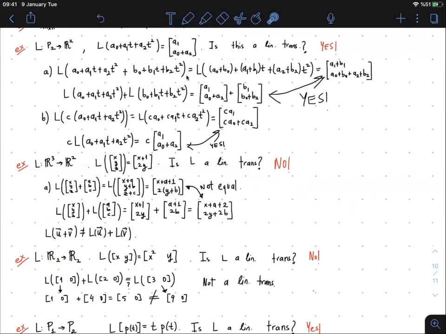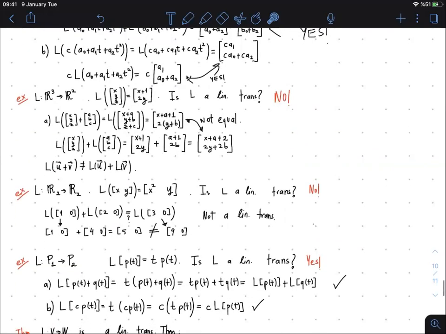And if there was something like sine of x or cosine of x or e to the power x or x cubed or x times y, things like this make this a nonlinear transformation. Those things are not linear transformations. So you should be able to tell what is a linear transformation just by looking at it.